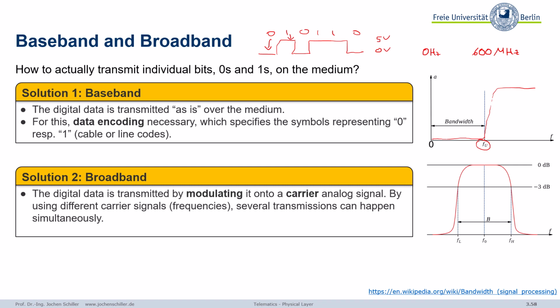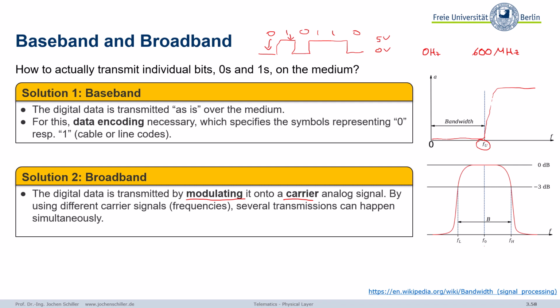We take our digital data and do not transmit it as it is, but we have to modulate it. What this is, I will explain. So we have to modulate it onto a carrier analog signal. So we use our digital data to manipulate a carrier. So what is the carrier?